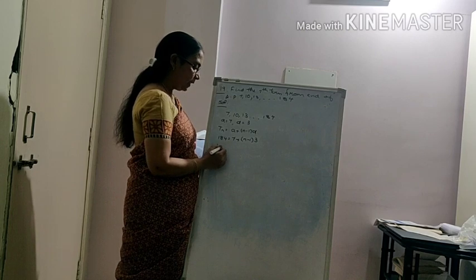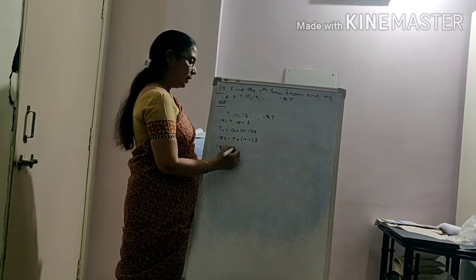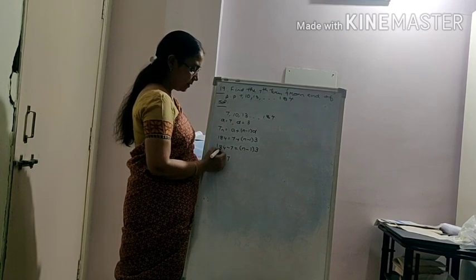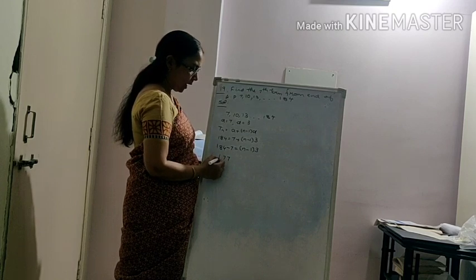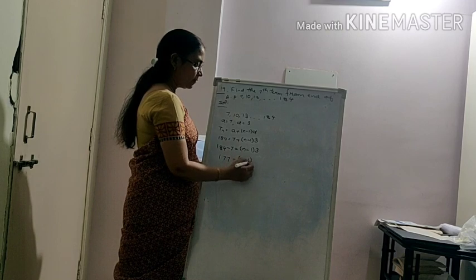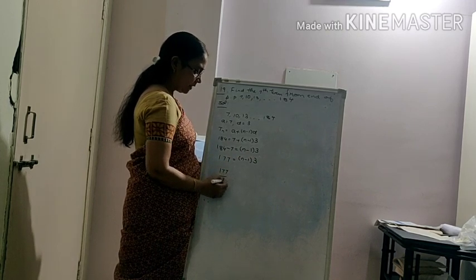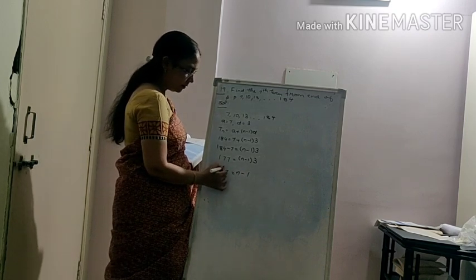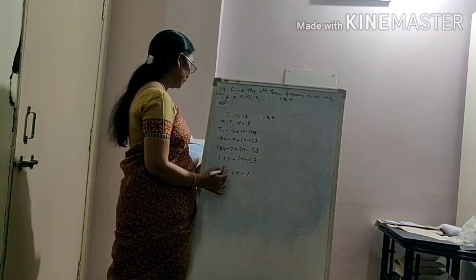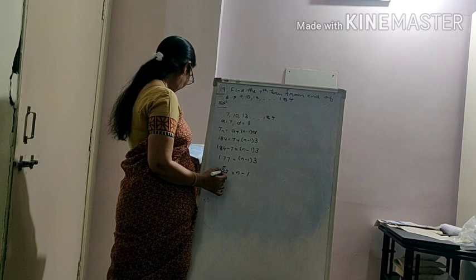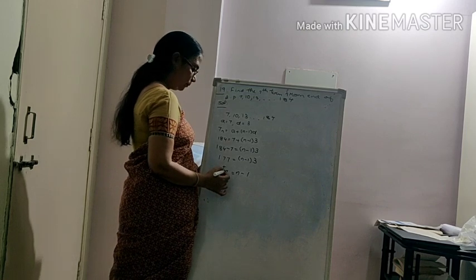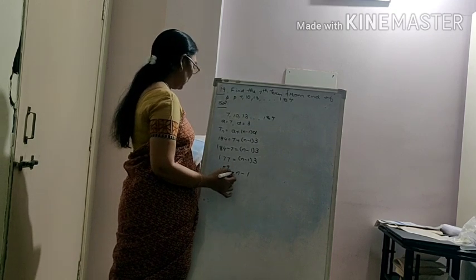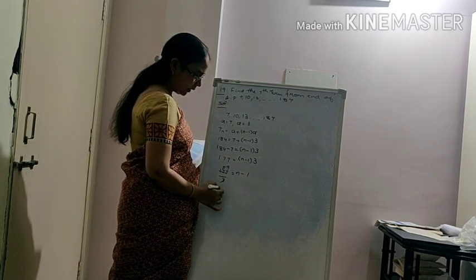Then 184 minus 7 is 177, equal to n minus 1 into 3. 177 divided by 3: 3 fives are 15, 27, 3 nines are 27.